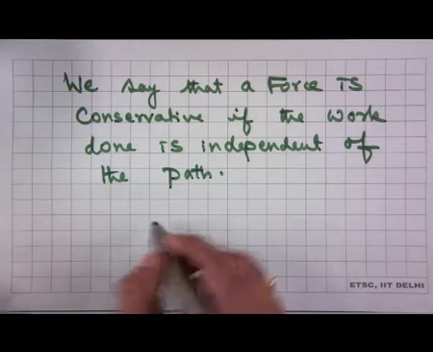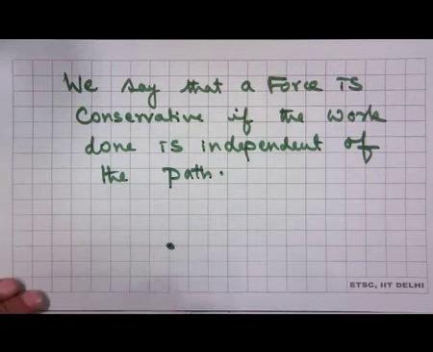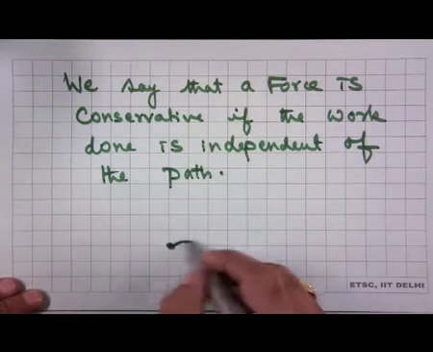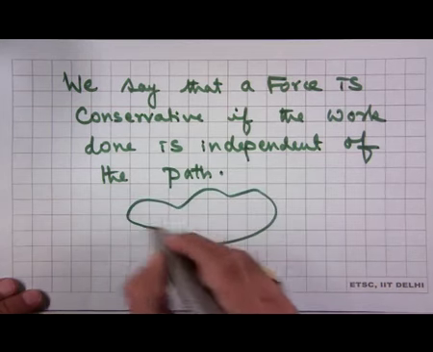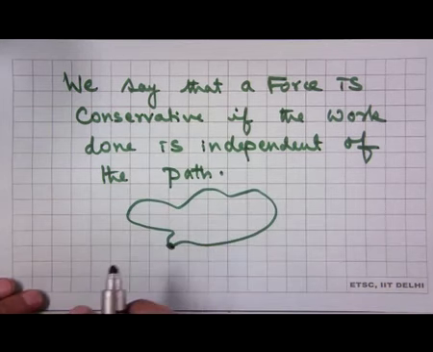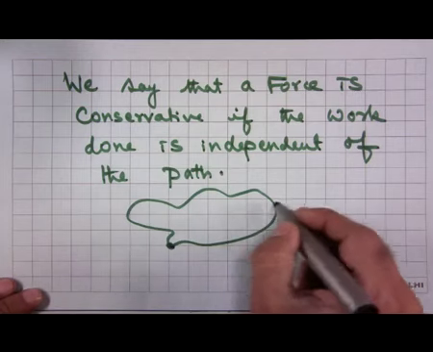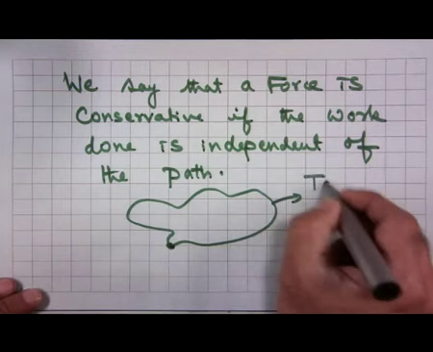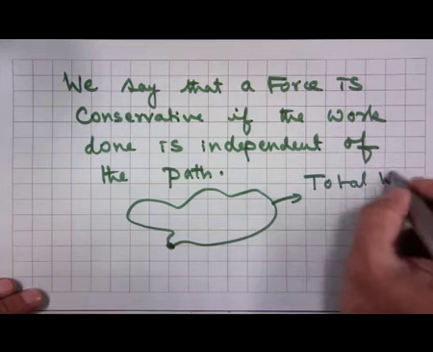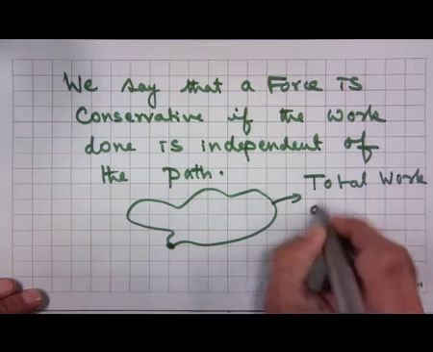What does it mean? In particular, suppose a body started at a point, it went all around the place and came back because of the action of a force. Then irrespective of what this path is, the total work done is 0. Total work done is 0.